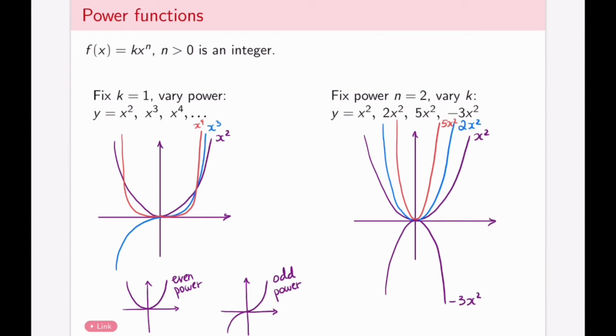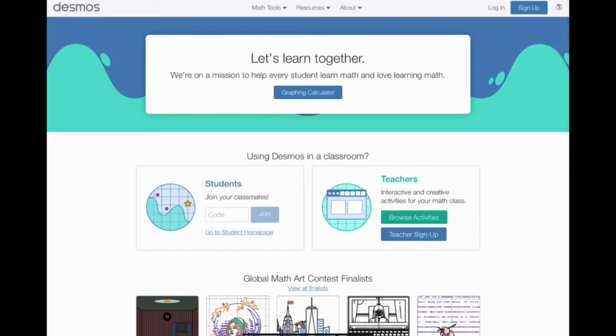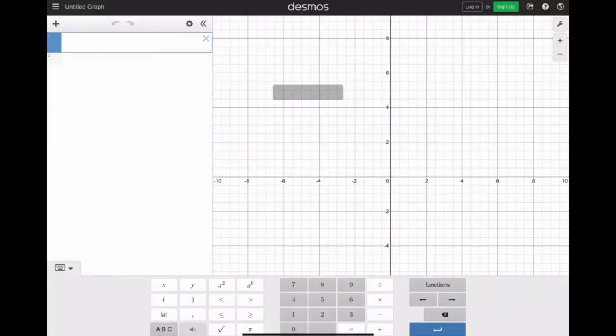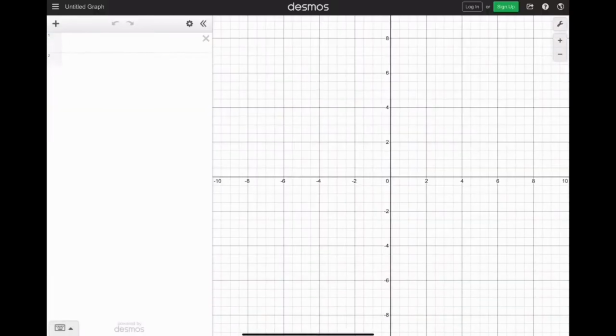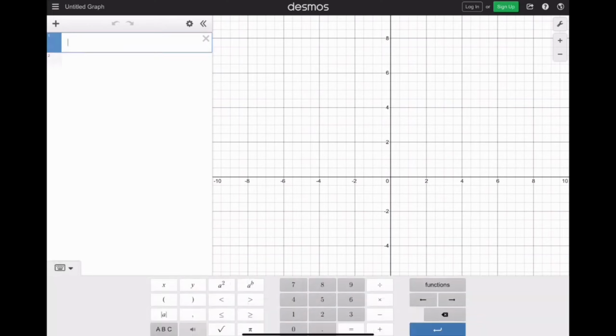Now, drawing by hand is a very handy tool to visualize these functions, but of course, being in front of computers, we have all kinds of possible technology to aid us in visualizing these functions. Desmos is a free online graphing calculator. So you just type in desmos.com, go to the graphing calculator, and it has a very intuitive way to actually type things in.